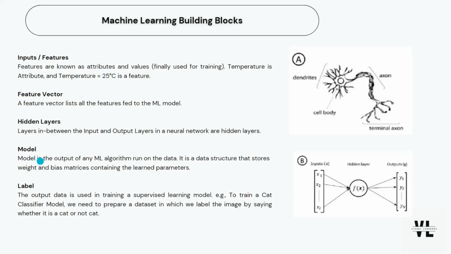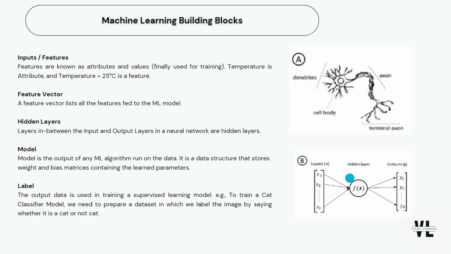A model is the output of any ML algorithm run on the data. It is a data structure that stores weight and bias matrices containing the learned parameters. A model is composed of mathematical functions, and the purpose of a model is to learn from the input data and update the parameters of the model.